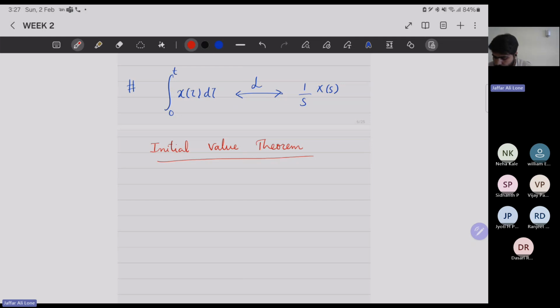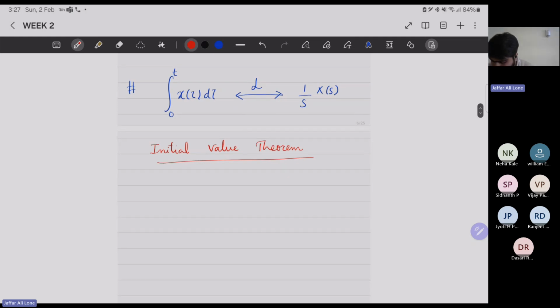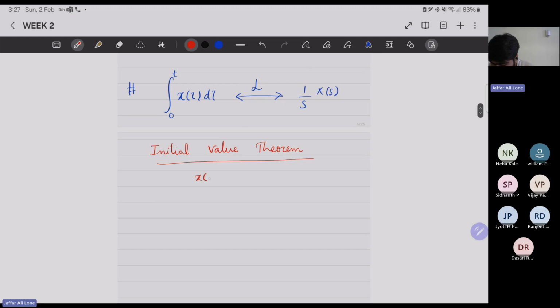For example, if we have a function xt and we need to find the initial value x naught using the Laplace transform, then the initial value theorem comes to the rescue. So how will we find x naught? We say it is the limit as s tends to infinity of s times Xs. This will be clear when we solve problems.